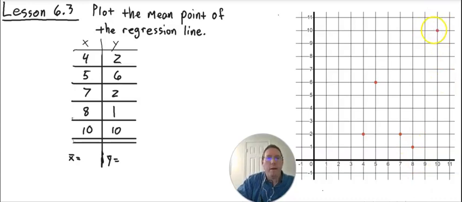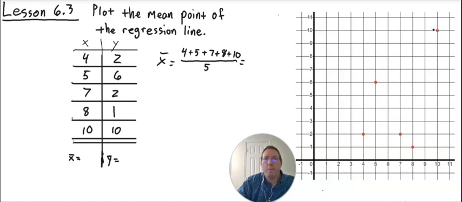And to find the mean x bar of x, we'll do 4 plus 5 plus 7 plus 8 plus 10 divided by 5, which is going to be 4 plus 5 is 9, plus 7 is 16, plus 8 is 24, plus 10 is 34. So 34 divided by 5, and that is going to be 6.8.